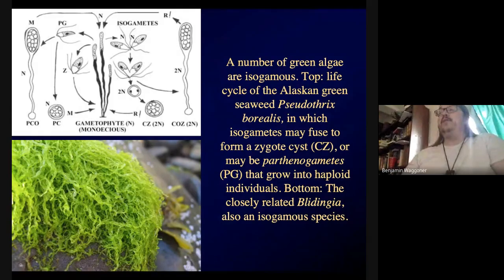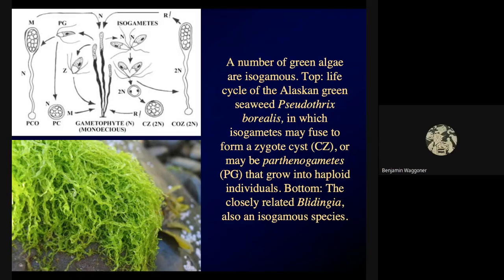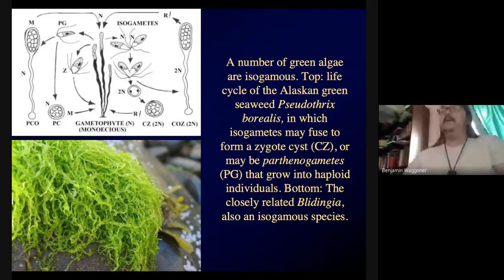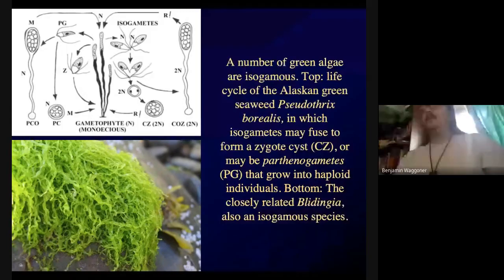They may fuse to form a zygote cyst, or they may transform into haploid individuals and become parthenogametes, which is shown over there on the left. So in this species, sometimes the gametes might simply transform into haploid plants. In other generation, but all of the gametes are the same size, they look the same, there's no clear distinction.